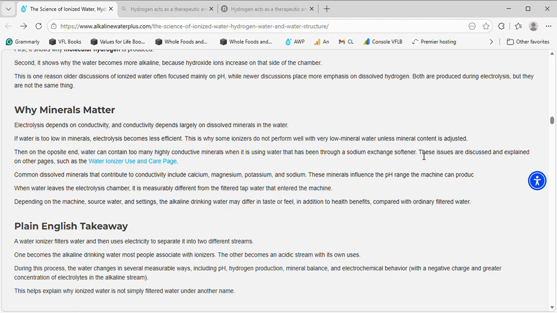So what's wrong with sodium? It is going to make the water ionizer way too highly conductive. It's going to go nuts. Too high electrical conductivity is going to wear out that machine.